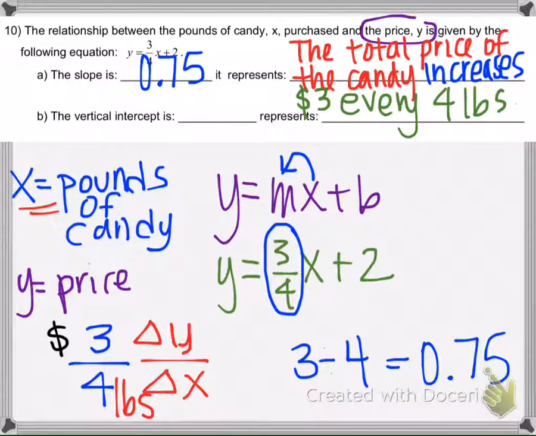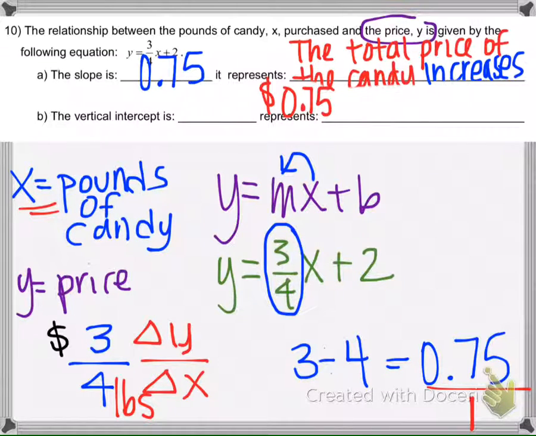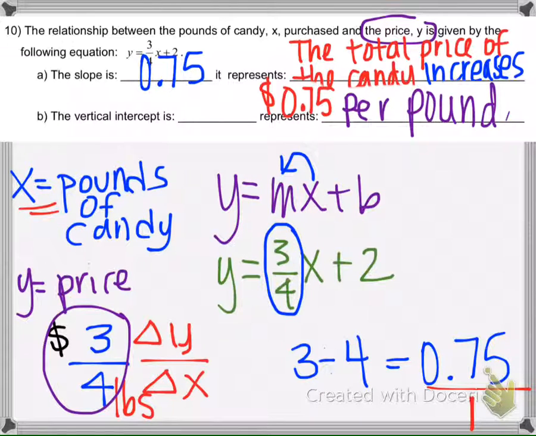So now we could say the total price of the candy increases, instead of $3, 75 cents, and instead of every 4 pounds, underneath we could put a 1 there. So instead of every 4 pounds, we could put per pound. So either answer is correct. If you tell me that the slope is 3/4, you need to have the other answer. If you divide it, then you found a unit rate, and you need to have this explanation here.